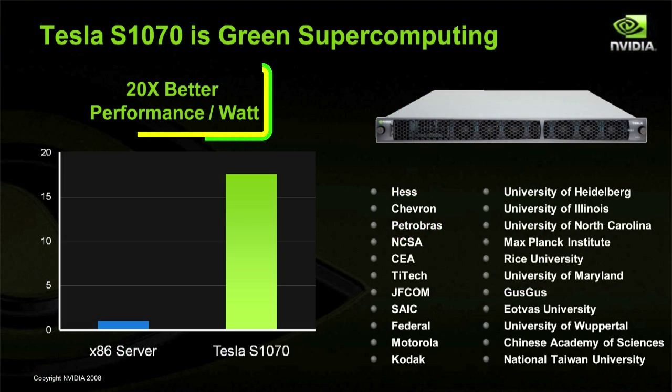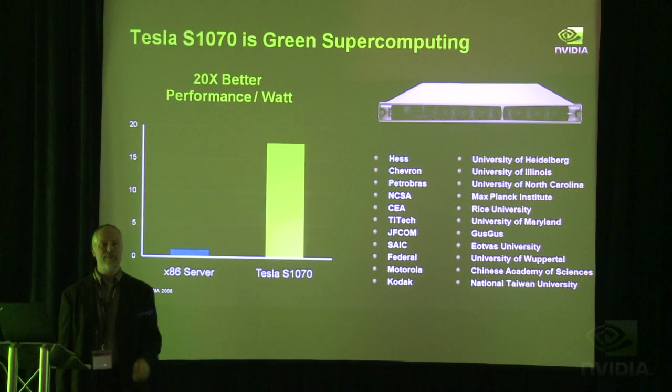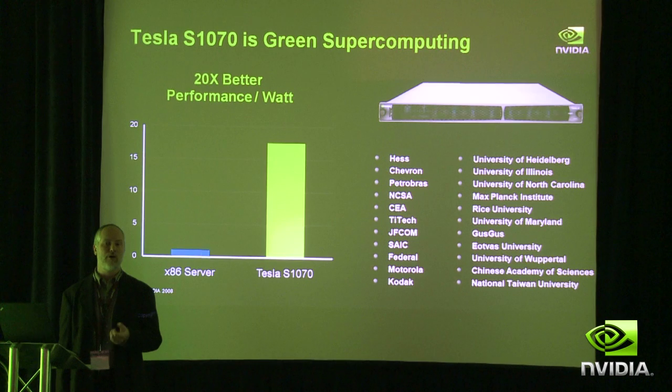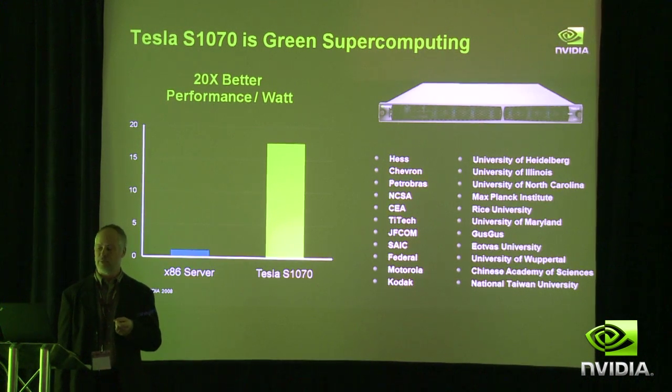Another thing that's important to think about is the efficiency of the computing. If you are consuming enormous amounts of power, that's not a practical kind of approach. Using GPUs for high-performance computing is a green approach. It's much better, much lower power per performance, so better performance per watt.